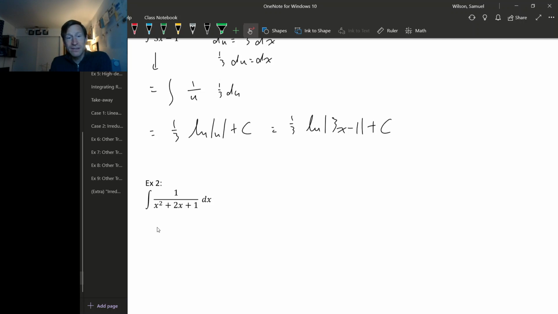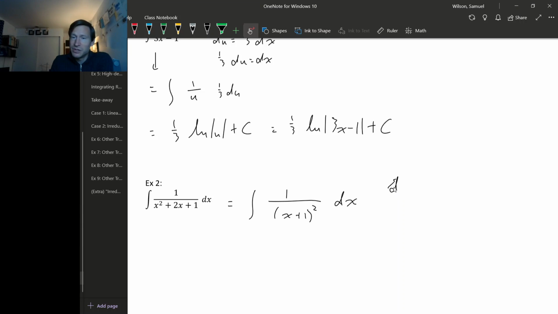In this particular example, this denominator does factor. If you look at this carefully, what you get when you factor this is 1 over x plus 1 squared dx. And right, this looks essentially like 1 over a variable squared, which is something we can integrate using a power rule.